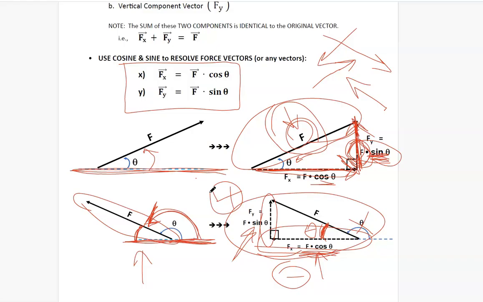You do your calculations and then you assign a positive and negative sign based on the direction that you know that force is in. And this will save you a lot of trouble with figuring out whether you need to go into the angle on the outside. Just use the angle on the inside of the triangle. It'll make it a lot easier for you.